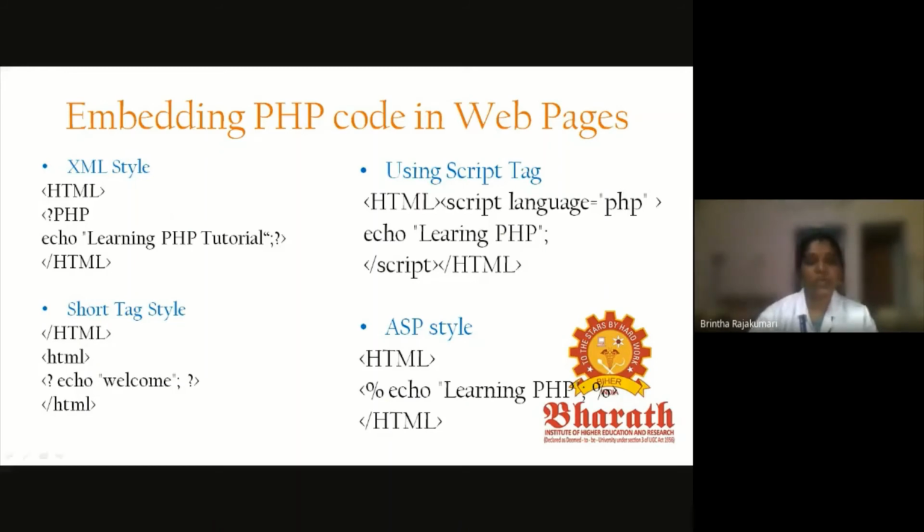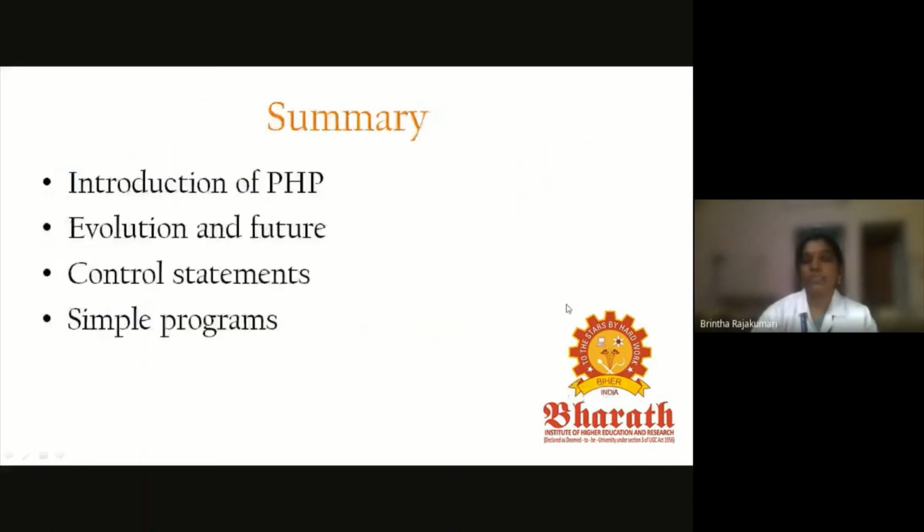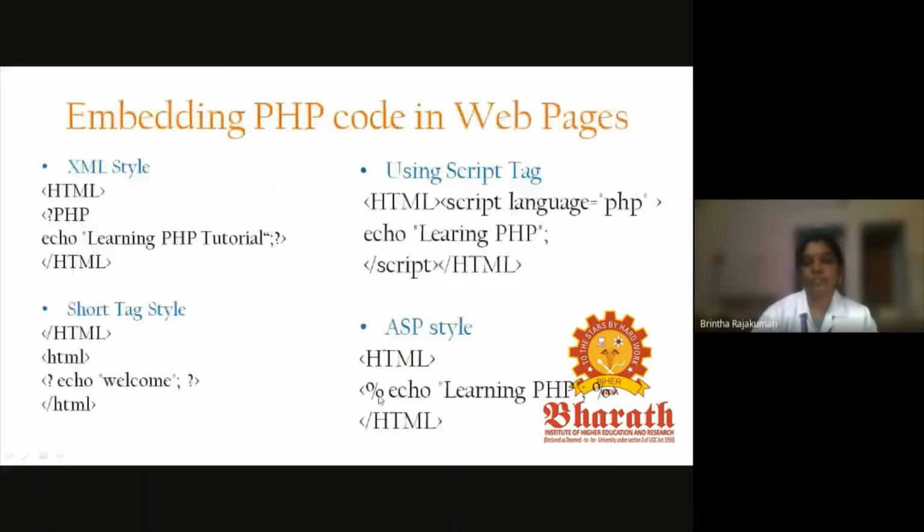See here, in the short tag, there is no php, only the less than and question mark are available. Then using script tags: here the script tag is used with language equal to PHP, so like VBScript and JavaScript, you can specify PHP and display the value. And the ASP style, this is the symbol used for ASP.